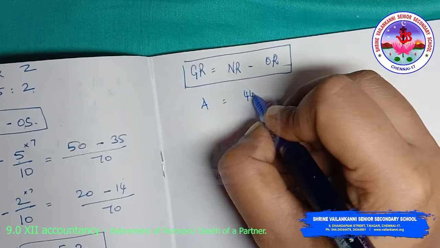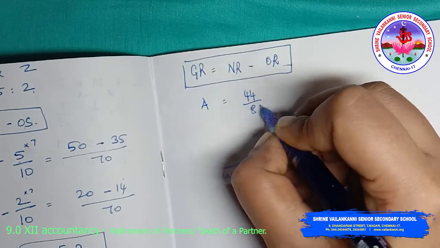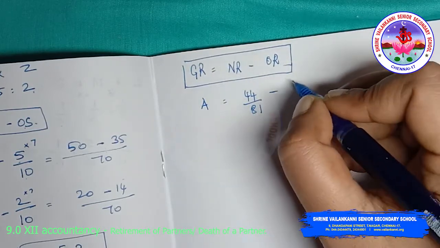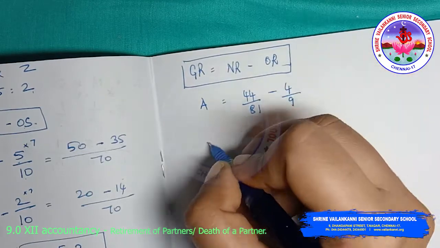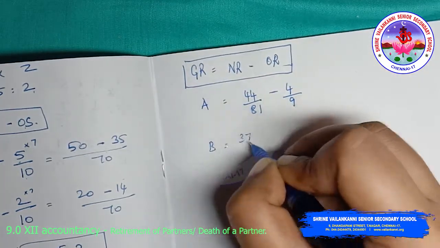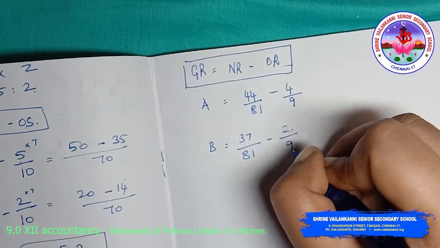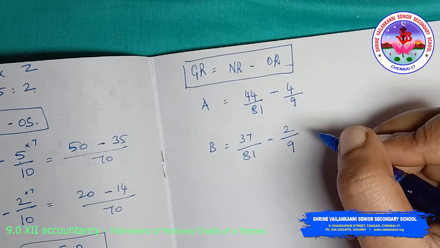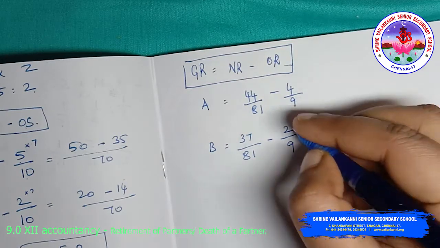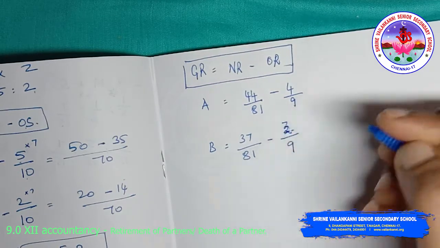It is 44 by 81, old ratio is 4 by 9. For B, it is 37 by 81 minus, not 2 by 9, 3 by 9. That is the share.